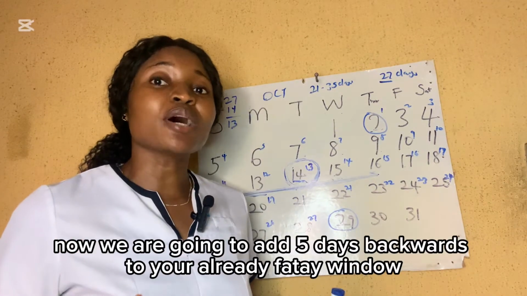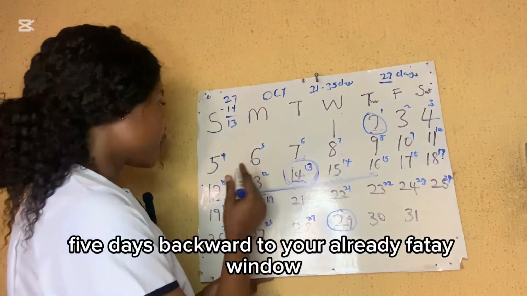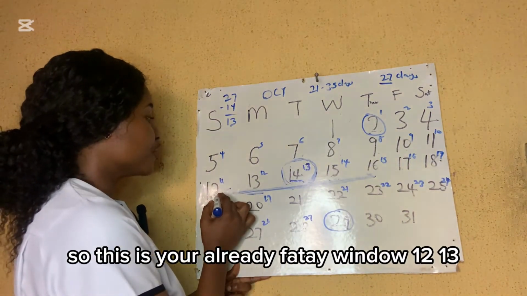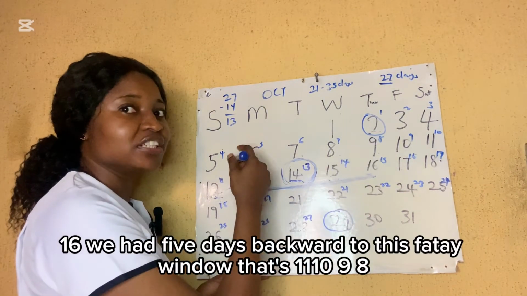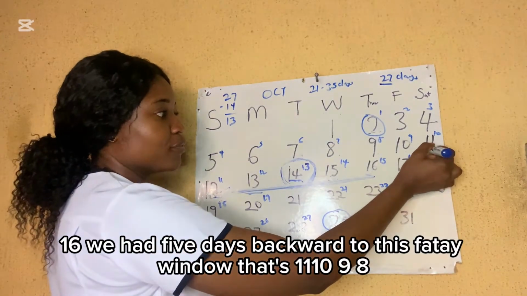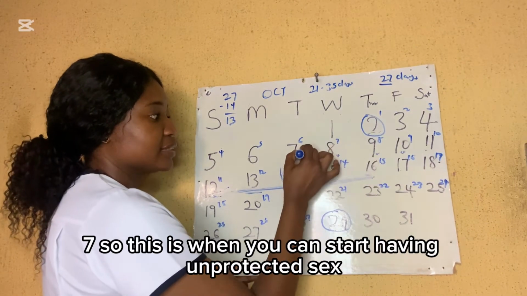So now we are going to add 5 days backward to your already fertile window. This is your already fertile window: 12, 13, 14, 15, 16. We add 5 days backward to this fertile window. That's 11, 10, 9, 8, 7.